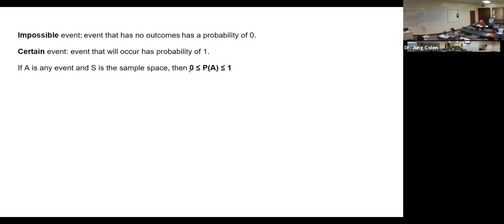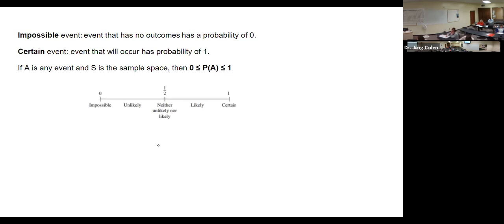If the probability is 0, it's 0%. If it's 1, it's 100% certain, right? So we can think about that. Any event A, and S is the sample space, then the probability of A is always between 0 and 1 inclusive.